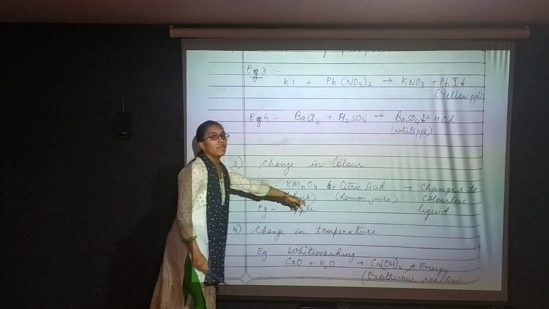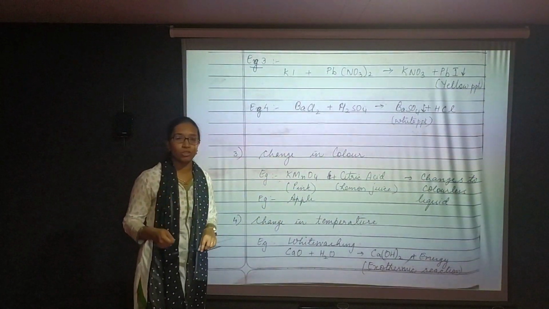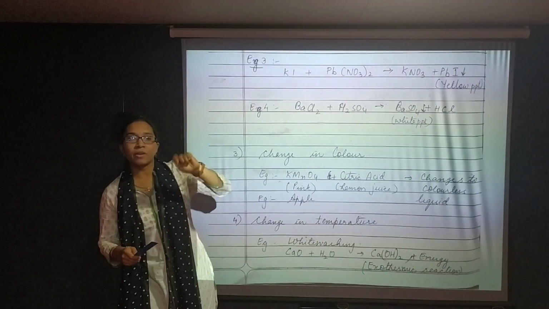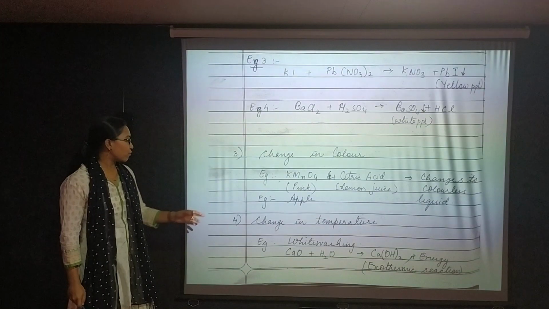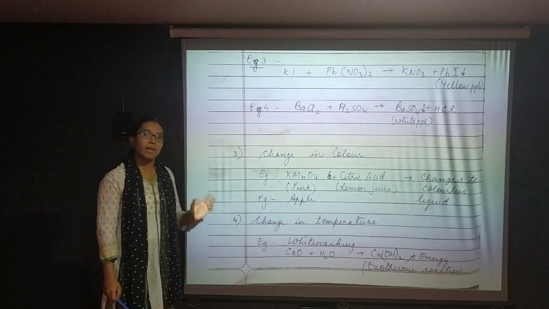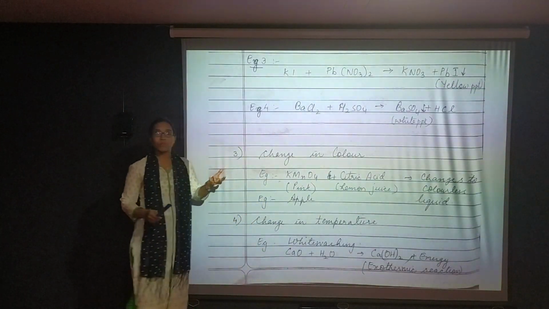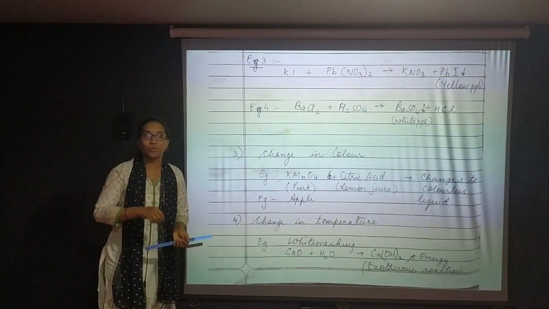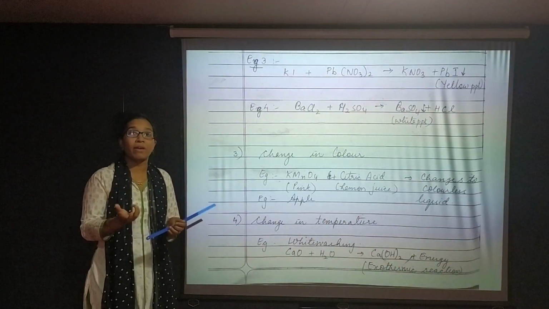Next is change in temperature. Now you would have seen that at the time of whitewashing, जब घर में चूना लगाते हैं, the white colored substance that is used for whitewashing, what is that? That is calcium oxide. Calcium oxide is lime. When calcium oxide powder combines with water, when you pour H2O, you would see that bubbles come out, and even the outside of the tub will be very hot.